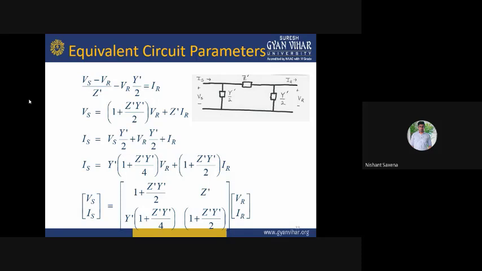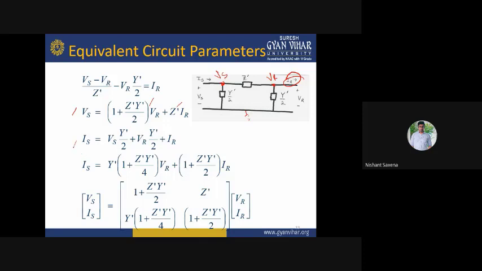If we apply node analysis, taking node 1 with voltage Vs and the other node Vr, we get (Vs - Vr)/Z' - Vr·(Y'/2) = Ir. Therefore, Vs = (1 + Z'Y'/2) Vr + Z' Ir.